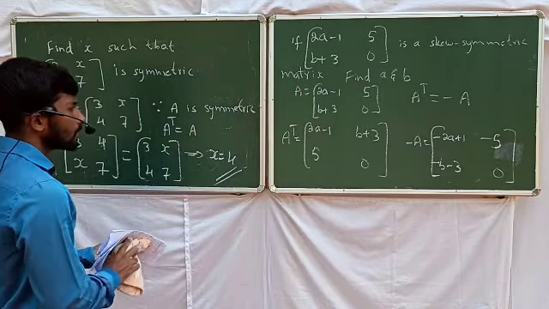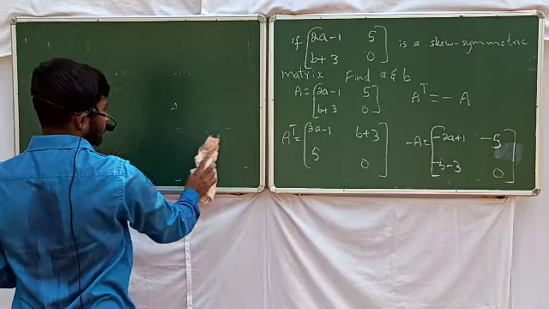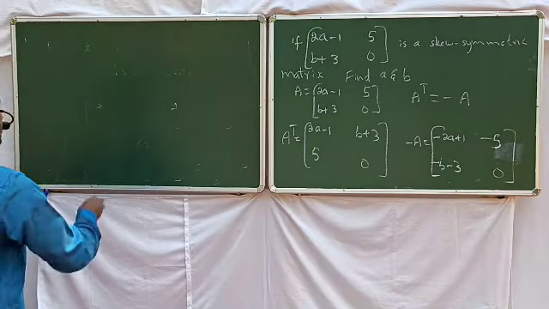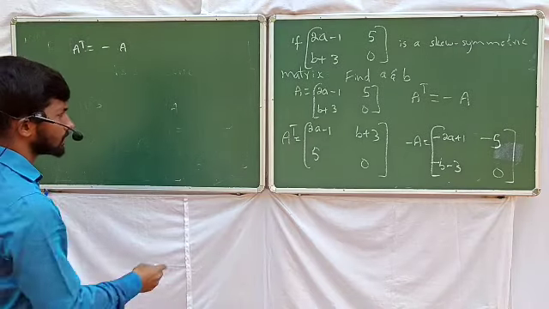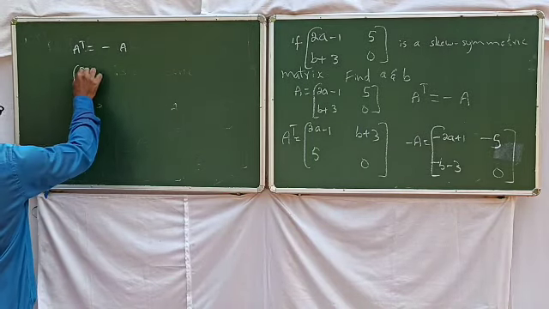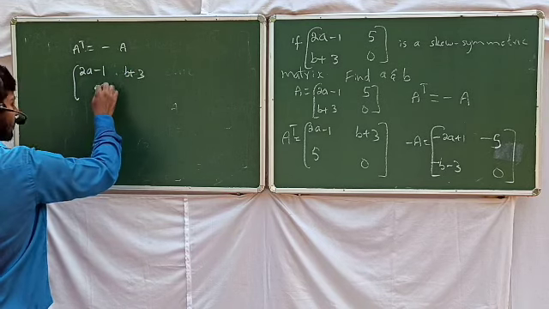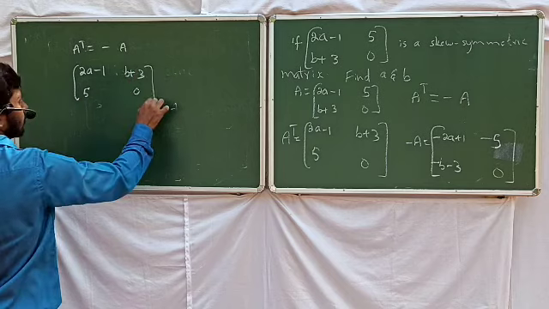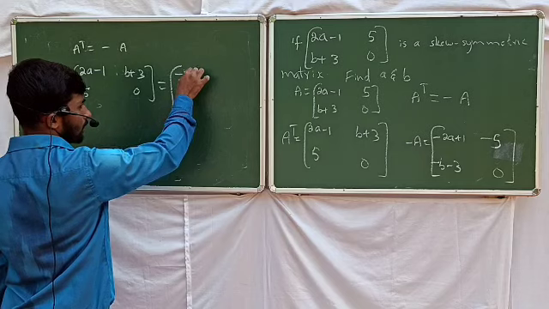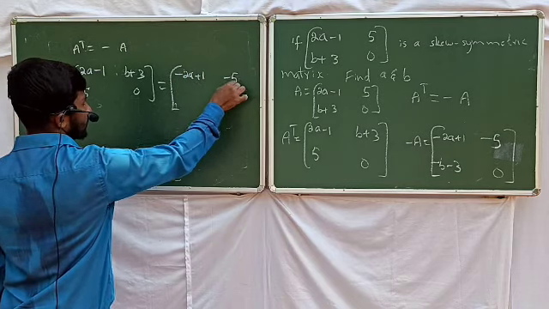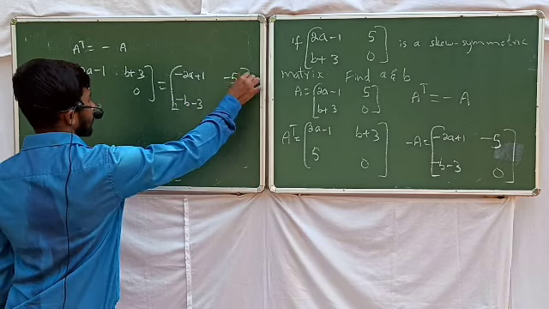Now, compare. Use the condition. They are given that the matrix is skew symmetric. So A transpose is equal to minus A. What is A transpose value? [2a minus 1, b plus 3; 5, 0] is equal to minus A. What is minus A value? [minus 2a plus 1, minus 5; minus b minus 3, 0].